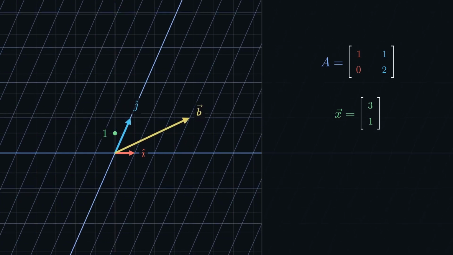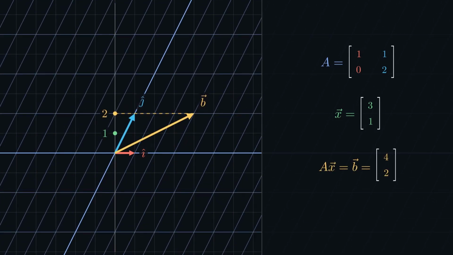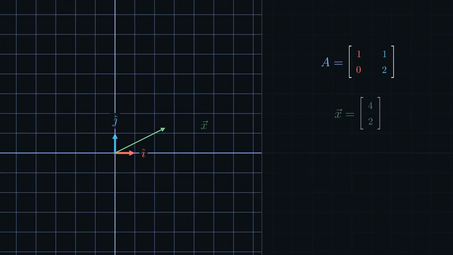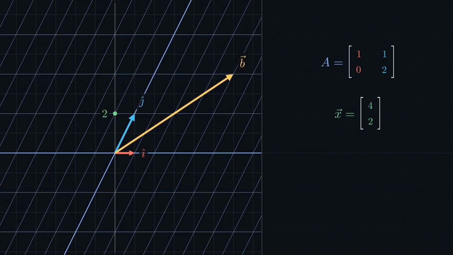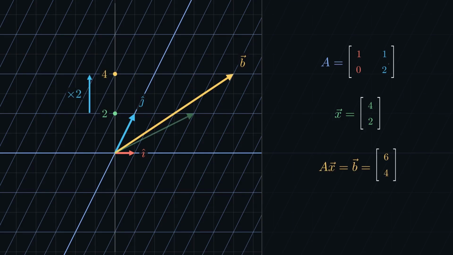We can see that taking any random vector x and multiplying it by A, where A is in row-echelon form, to get b, we can see that b's height is simply x's height multiplied by j-cap's height. j-cap's height is 2. Multiplying this by x's height, we get b's height.